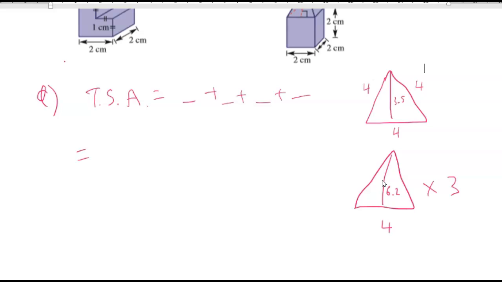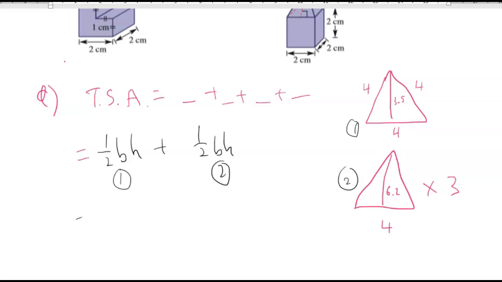All right, so let's put in our formulas. So we're going to have area of a triangle is a half base times height. Now remember, we have 2 triangles here, so I'm going to label them triangle 1 plus a half base times height for triangle 2. And then let's just substitute that in.